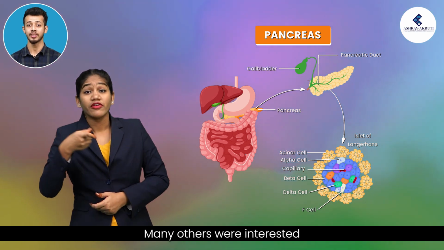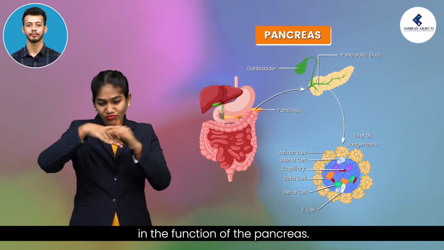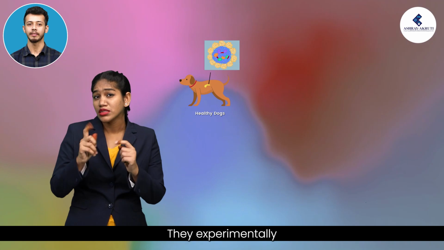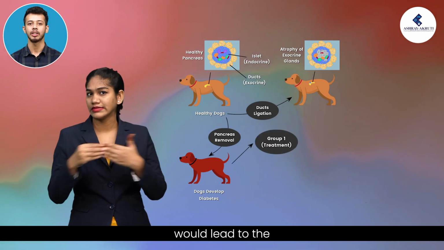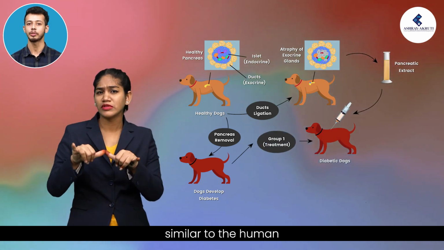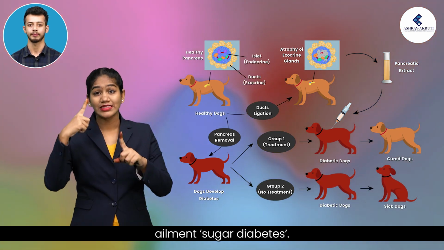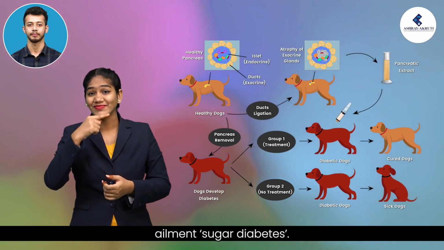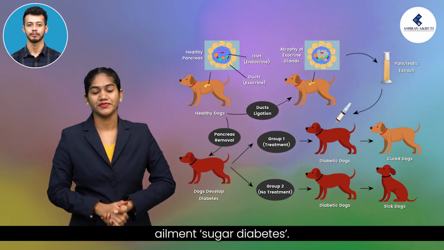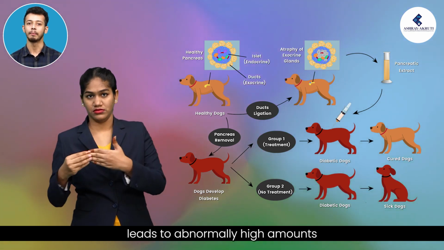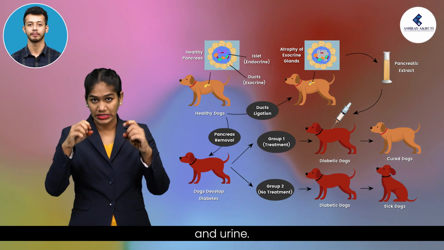Many others were interested in the function of the pancreas. They experimentally proved in animals that its removal from the body would lead to the development of diseases similar to the human ailment sugar diabetes. This condition leads to abnormally high amounts of free sugar in the blood and urine.